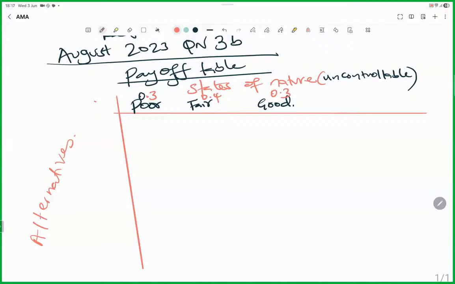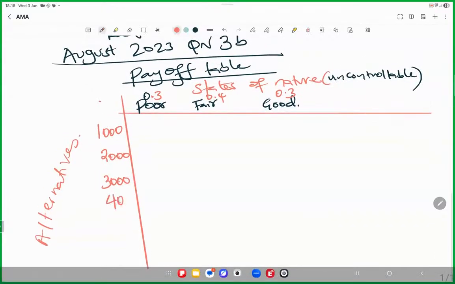And then we have alternatives. Alternatives are our actions, what we are going to do ourselves. For example, if you're going to sell 1,000 sandwiches, that is upon us. We are the one to make that decision. So we have 1,000, 2,000, 3,000, and 4,000.